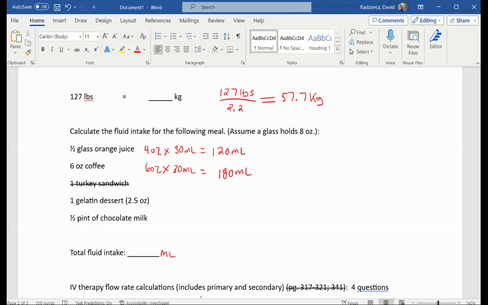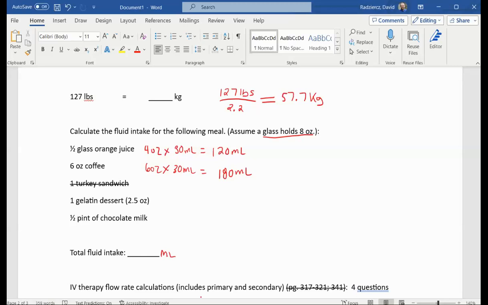So the only thing that really changes with this type of question is the foods and the quantities. And from what I've seen, if it tells you a glass, it will tell you the size, because I have different size glasses in my kitchen: juice glasses, water glasses. If you just have the 1 cup, you probably don't even know what the ounces is in it, and that's perfectly fine.